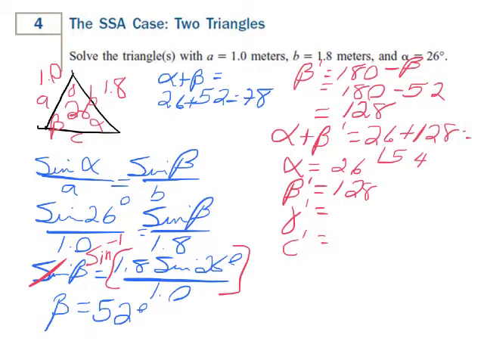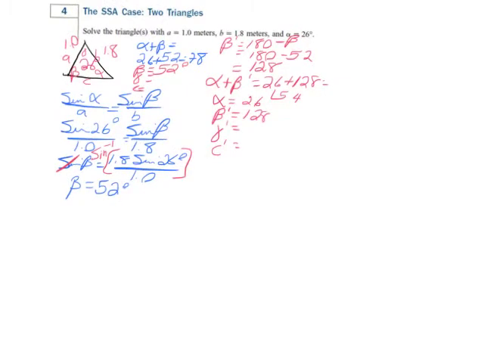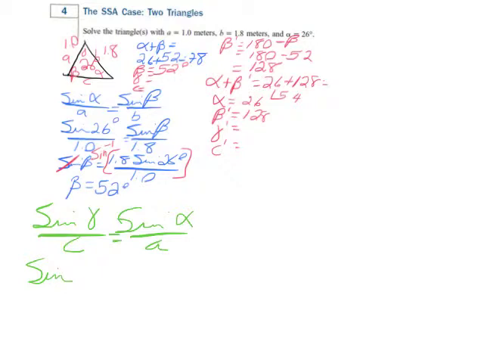And then here we've got that beta is equal to 52. We need to find our gamma and we need to find our C. So let's bring this down a little bit and start with the first one first. The only thing we're missing is our C. So the sine of gamma over C is going to be equal to the sine of alpha over A. Oops, we didn't find gamma. We've got 26 plus 52 is 78.